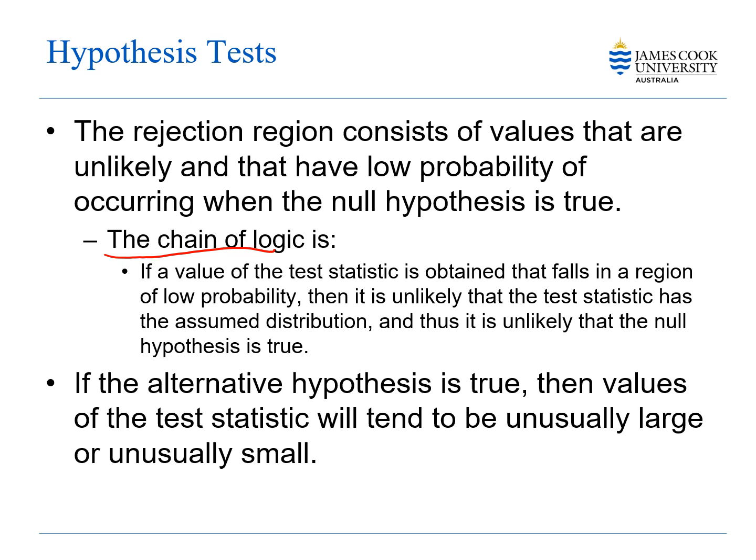We computed the value of this statistic that falls into this rejection region. Then this event of small probability occurs. In these cases, we reject the null. It's unlikely that the null hypothesis is true. If the alternative hypothesis is true, then values of the test statistic will tend to be unusually large or unusually small, depending on our alternative.